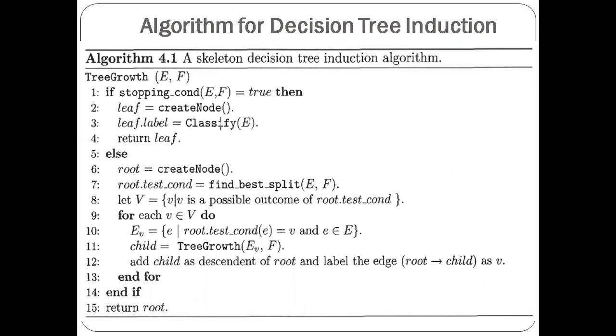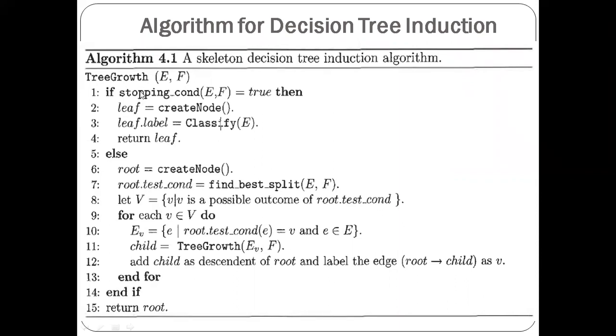If all the records belong to the same class label or to the same attribute value, then this stopping condition function, which takes two parameters, the inputs of the algorithm E and F, returns true. E is the set of training records, and F is the set of attributes.